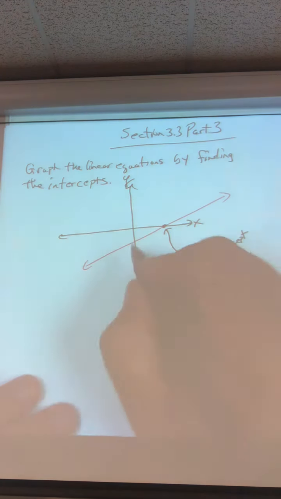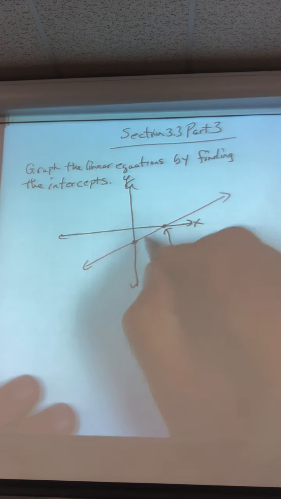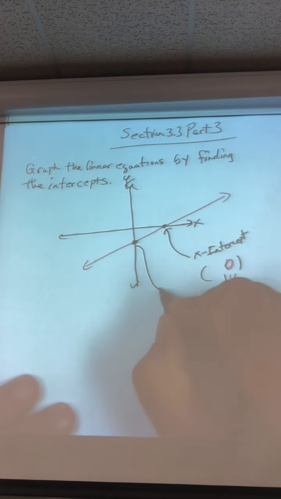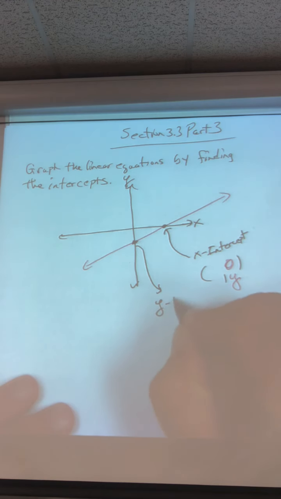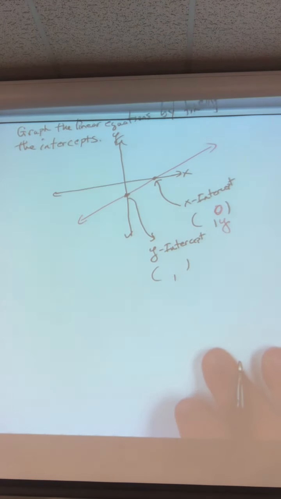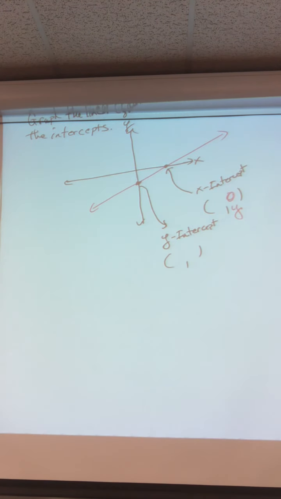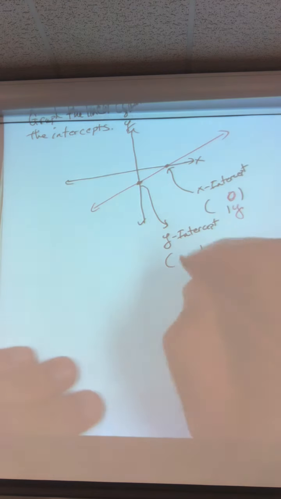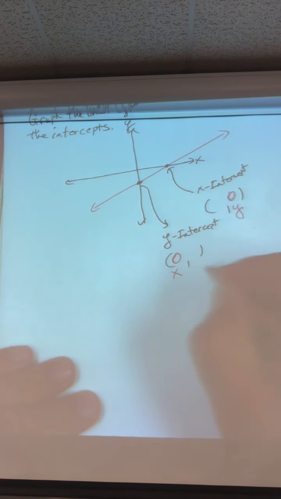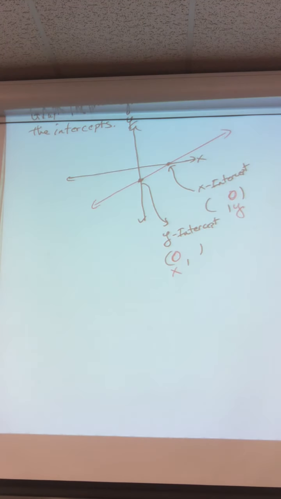Now, the place where the graph crosses the y-axis is called the y-intercept. That point is on the y-axis. Every point located on the y-axis has something in common: the first number is 0.